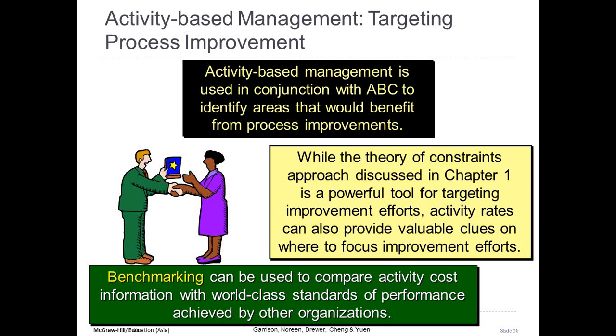While the theory of constraints approach discussed in earlier lectures is a powerful tool for targeting process improvement efforts, the activity rates computed in ABC can also provide valuable clues concerning where there is waste and the opportunity for improvement. Benchmarking can be used to compare an organization's activity rates with standards of performance that are external to the organization.